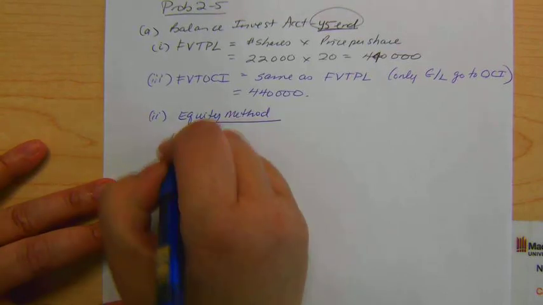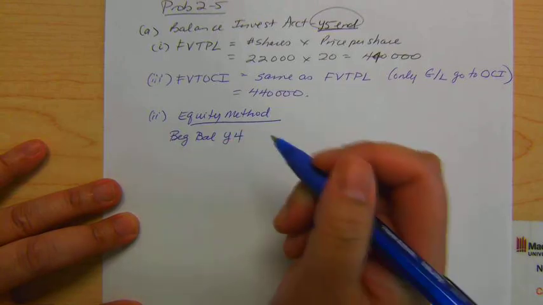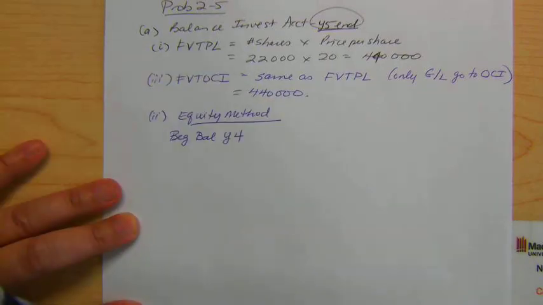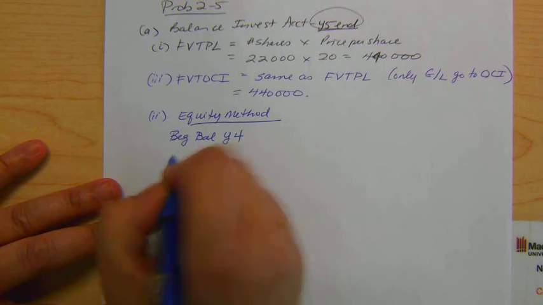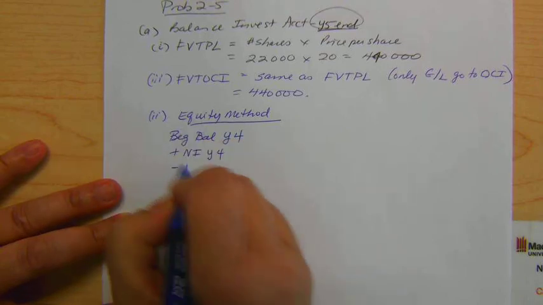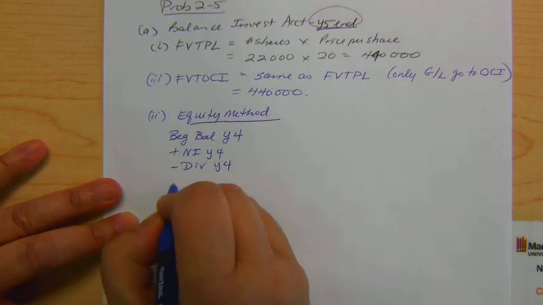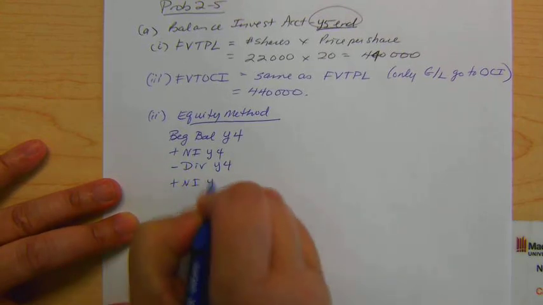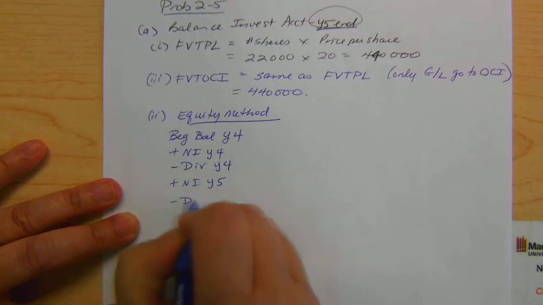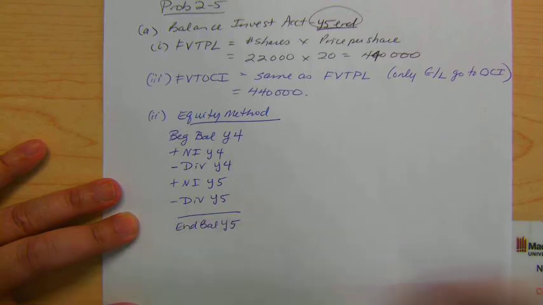So we're going to have to start with beginning balance, year 4. Add net income, year 4. Subtract dividends, year 4. Add net income, year 5. And subtract dividends, year 5, to get the end of year 5.